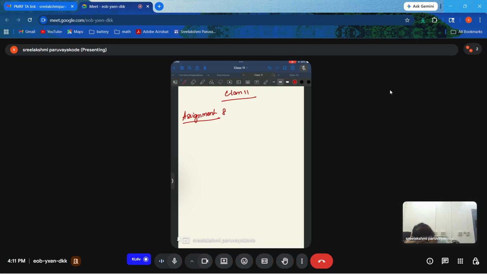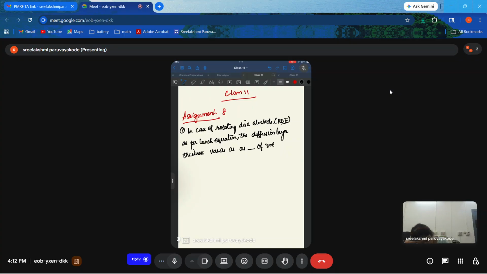Okay. So question one: in case of a rotating disk electrode, as per Levich's equation, the diffusion layer thickness varies as dash of rotational speed.